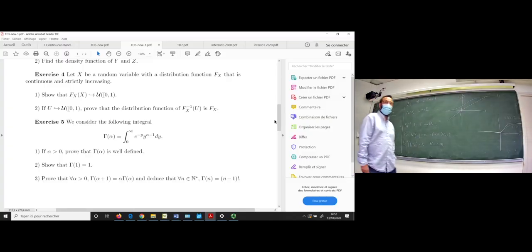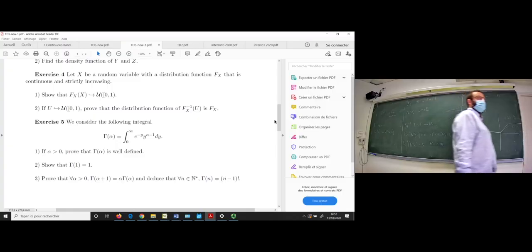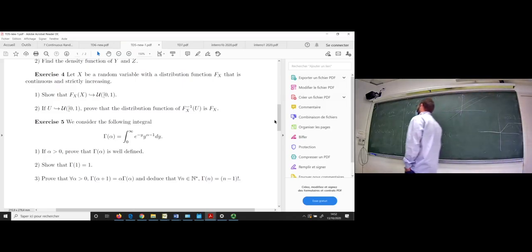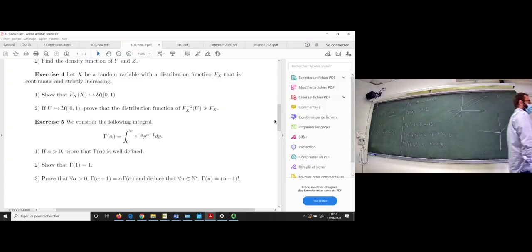I can work with the distribution function, or I can work with the density. But here you see in the statement that you have something in relation with the distribution function, because the distribution function is the keystone of the statement. I have some hypotheses on the distribution function, so it seems not that strange, in order to answer these two questions, to consider the distribution function of the concerned random variable and to see what happens.